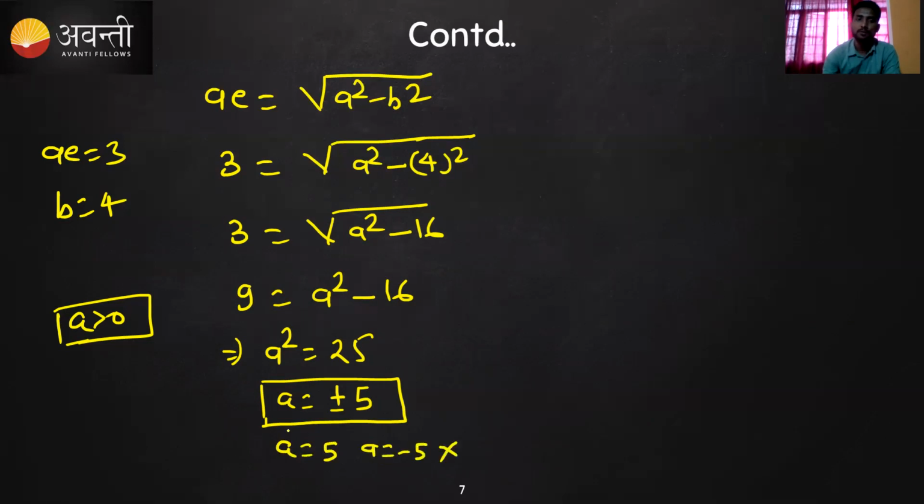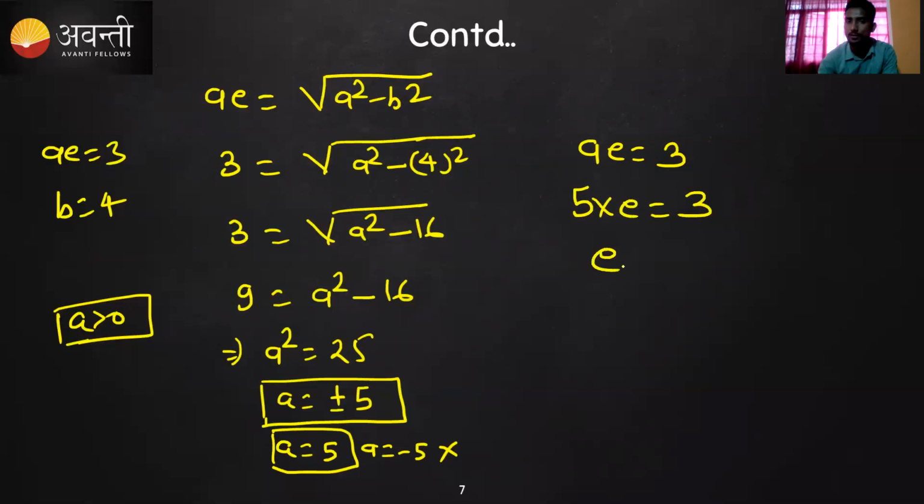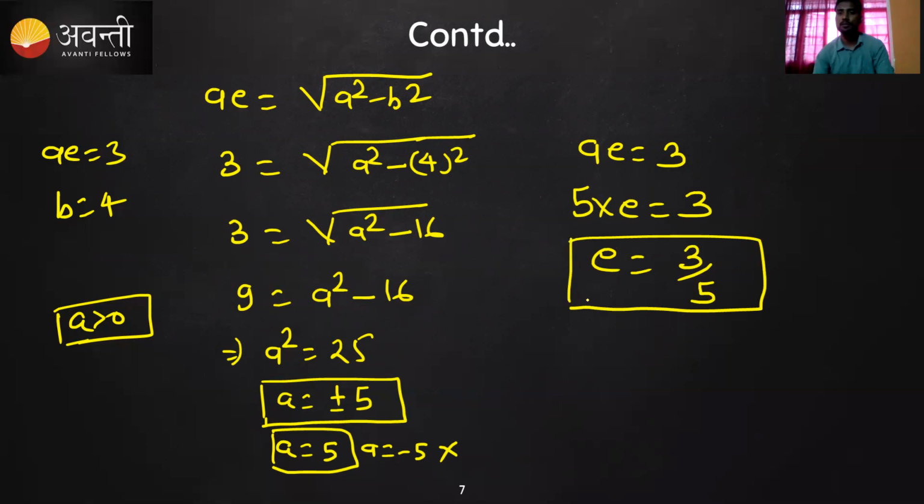It is not possible. We have to consider only a is equal to 5 and we have ae is equal to 3. What we need to find is e. So in place of a, it will be 5 into e is equal to 3. So from here, it will be e is equal to 3 by 5. So e is equal to 3 by 5.